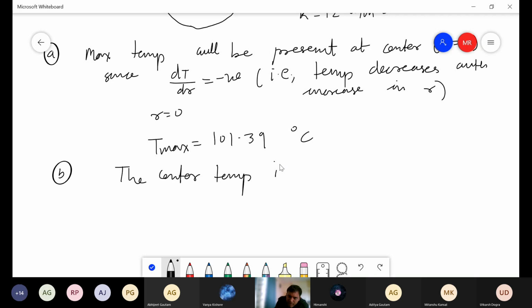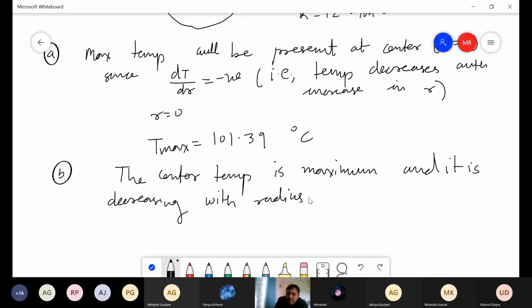Part B, what we can say is, the center temperature is maximum and it is decreasing with increase in radius.